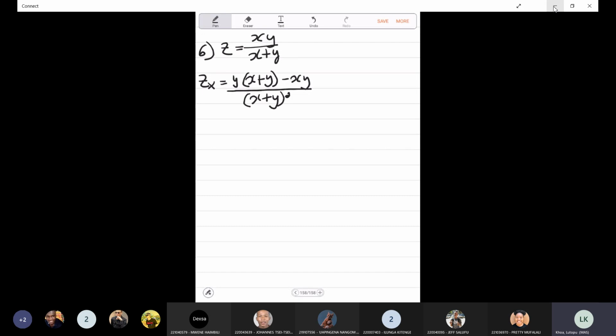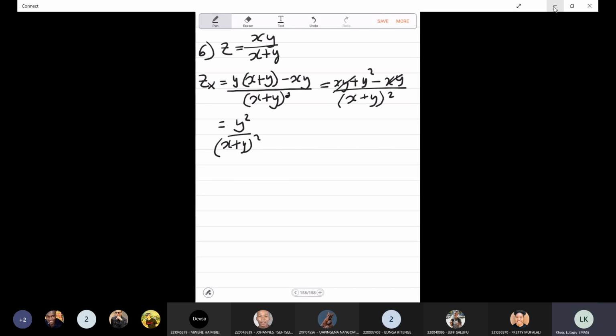If we multiply out the brackets, the xy's will cancel. So I have xy plus y squared minus xy over x plus y squared. The xy's cancel, and I'm left with y squared over x plus y squared.